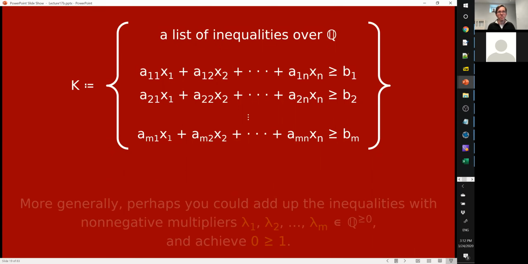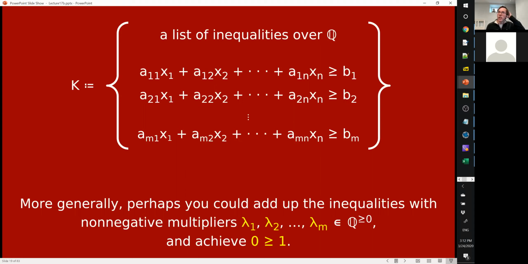You can generalize this a bit. More generally, if you have an inequality, you can always multiply it by a non-negative number lambda, and it'll remain equivalent. Suppose I pointed out some non-negative multipliers, lambda 1 through lambda m, and you multiply the inequalities with these numbers and add them up.